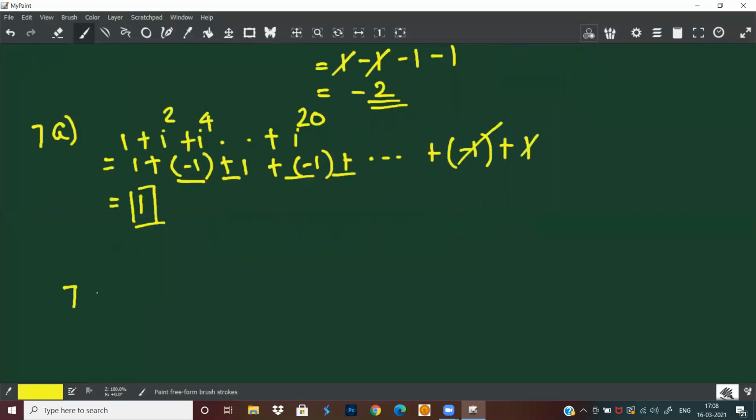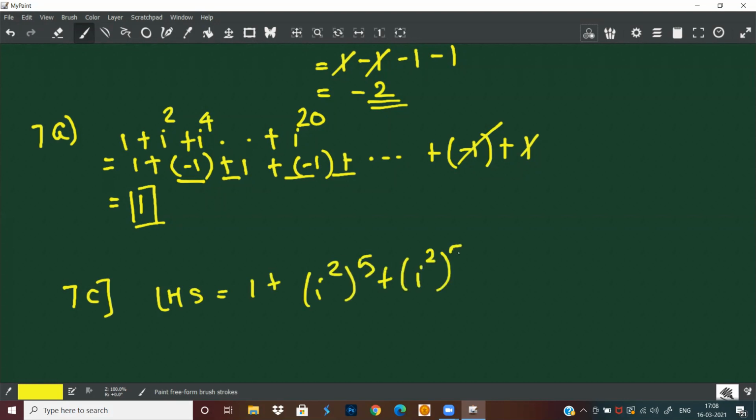So 7C का I will directly write LHS done ना. I raised to 10 मतलब ऐसे लिखा, I raised to 100 मतलब ऐसे भी लिख सकते हो. ये माइनस है ना आगे का. I raised to 1000 है ना. I square -1 है.